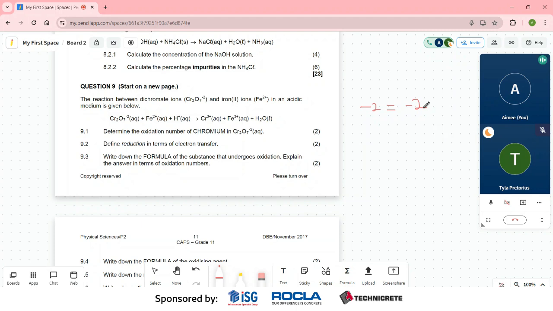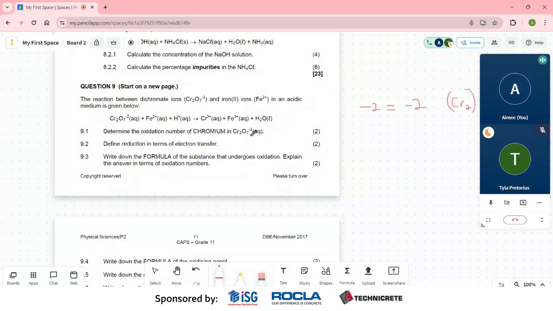So when you're doing oxidation numbers, like I said, you're determining the charges on those values by themselves. We don't know what the charge of Cr2 is. We're looking for that.